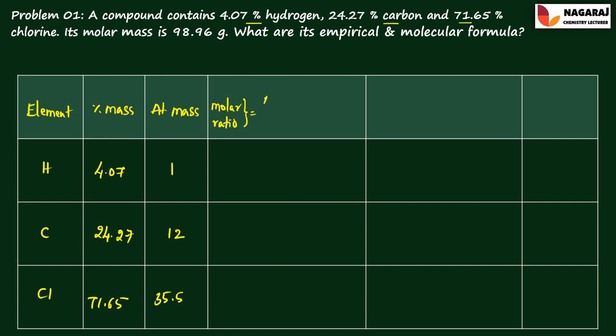Next, calculate the molar ratio of elements. Molar ratio is equal to the percentage of the element divided by atomic mass.